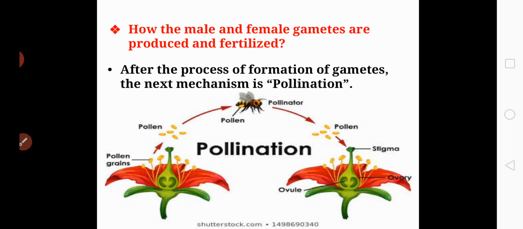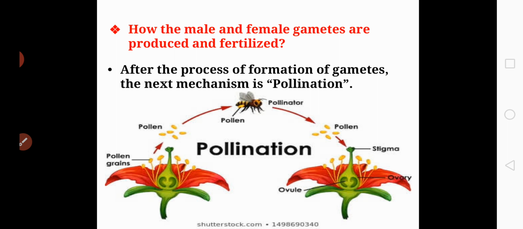Now all the contents of the pollen grain, which include the male gametes, are transferred to this pollen tube, and this pollen tube later on reaches the ovary by passing through the style. After reaching the ovary, the pollen tube enters the ovule through the micropylar region and discharges its two male gametes into the embryo sac.